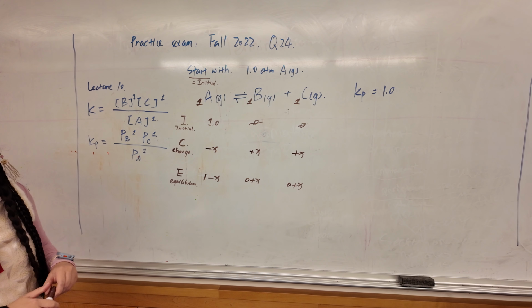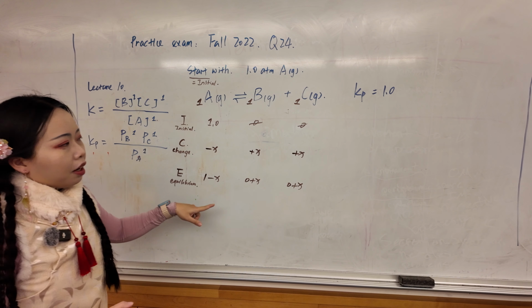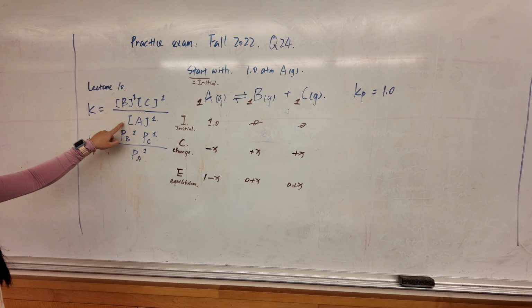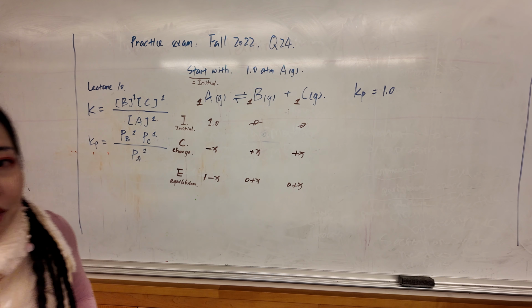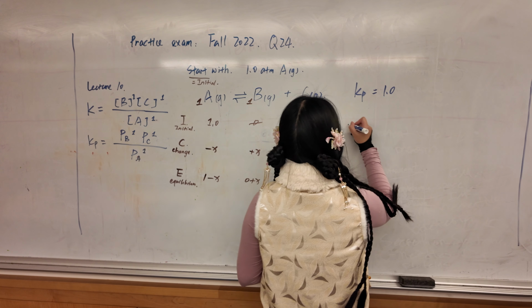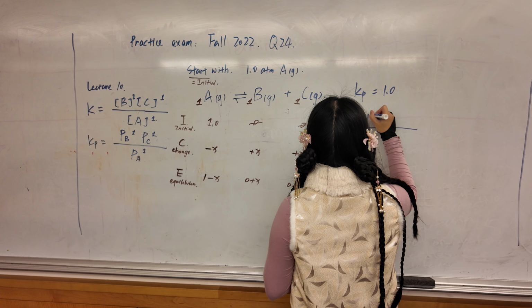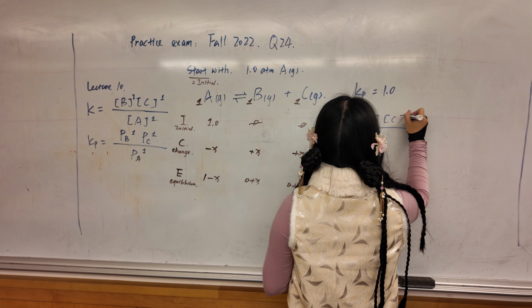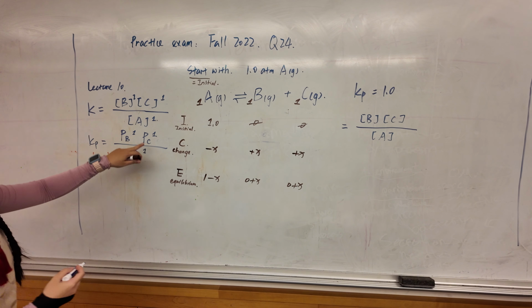Does the stuff make sense so far? Okay. And if we are going to plug in our equilibrium expression, Kp equals, I'll just use the brackets because I think you know what it is. I just don't want to write so many letters.